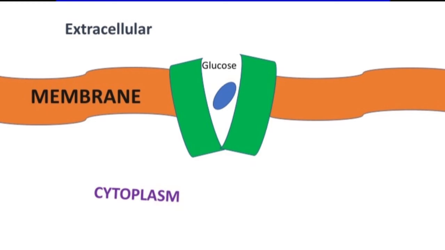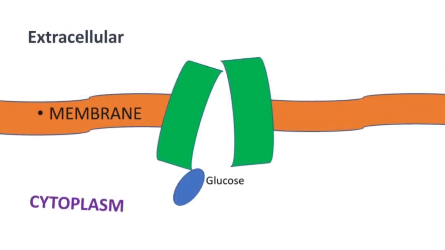Okay, so glucose is in the bloodstream. Before anything happens to it, you have to bring it into the cell, into the cytoplasm, from the bloodstream. And this green structure here is a protein in the membrane specifically designed to transport glucose.